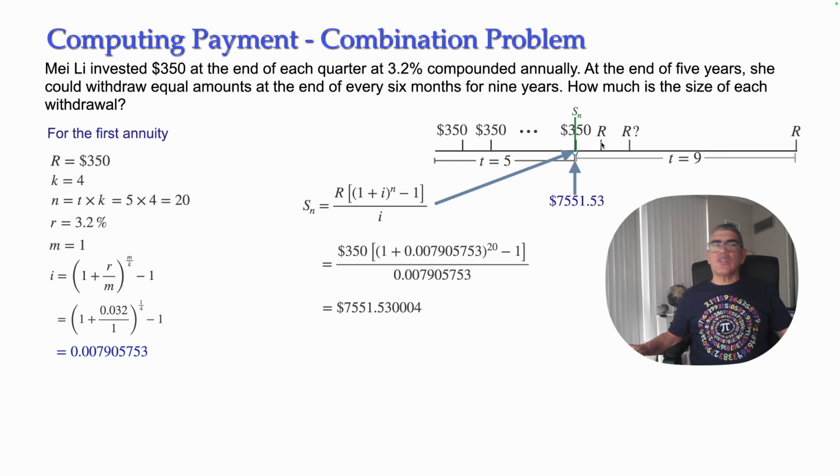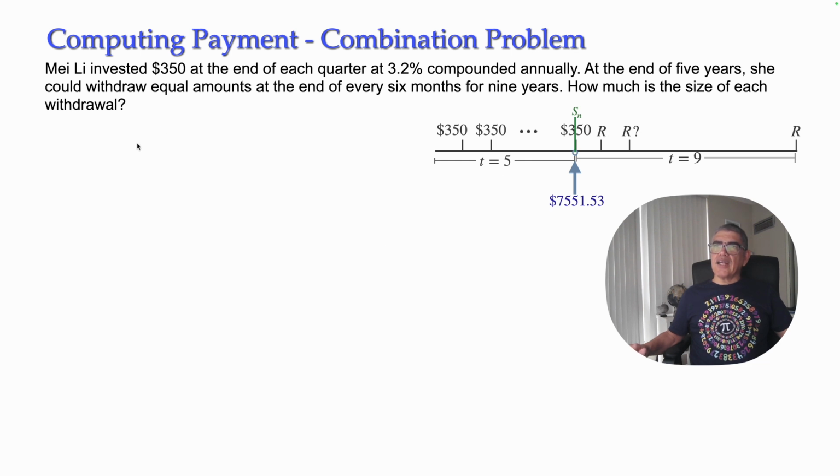So now we need to think about the second annuity. This 7,551 will be the present value of this annuity. So let's go to the next annuity, because in the next annuity is when we are going to compute this R. So let's type here that this is for finding the payment in the next 9 years, the second annuity.